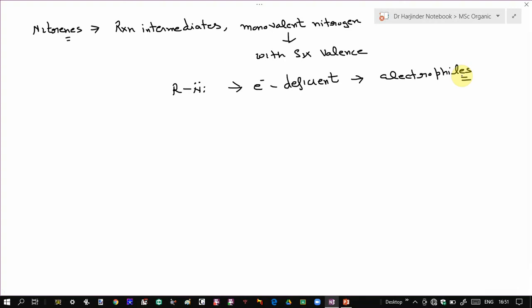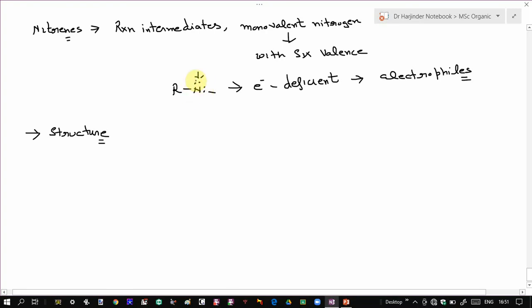Now let's look at the structure of these nitrenes. You can see there are two non-bonded pairs of electrons. One is this one and another is this one.